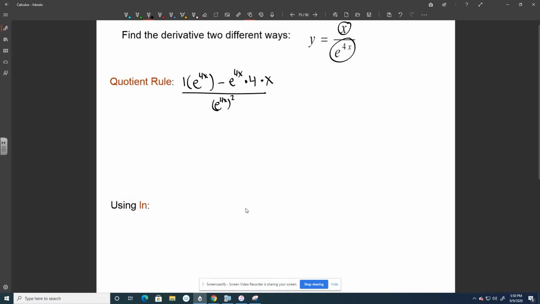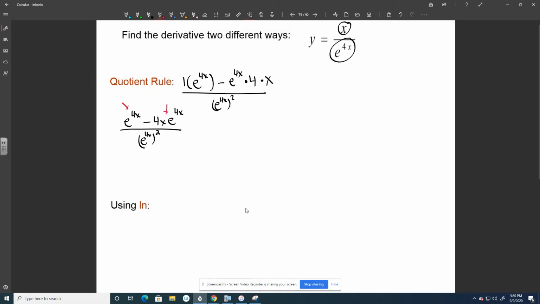Okay. From here, I can just simplify a little bit. I get e to the 4x minus this 4x can go ahead and move out front. And I still have an e to the 4x up here above. And then on the bottom, I've got e to the 4x all squared. Now this term has an e to the 4x.